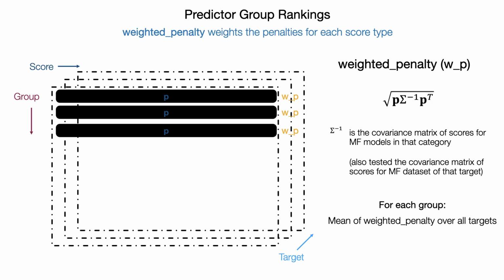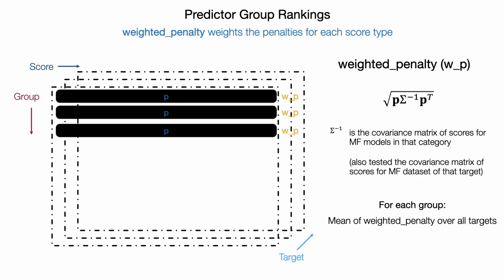So what that's going to do is essentially downweight the contributions of scores that are very highly correlated with each other into one. And so this weighted penalty now allows us to collapse this vector of penalties to one penalty per predictor group per target, and then we assign a mean weighted penalty, a final weighted penalty per group, which is the mean across all the different targets.